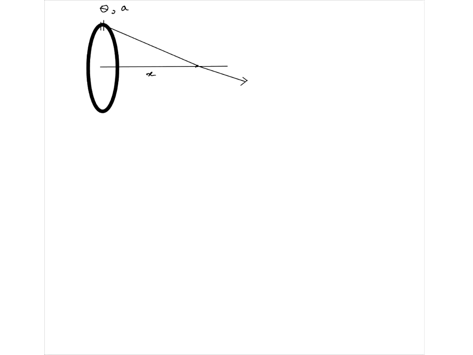Because it is due to a small charge dq, only this much, let it be dE, but it's a vector. And that dE is given by k times dq divided by this distance squared, which is a squared plus x squared.